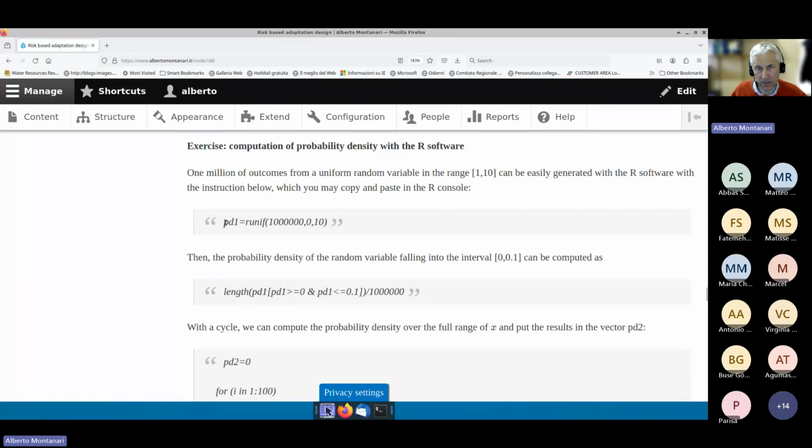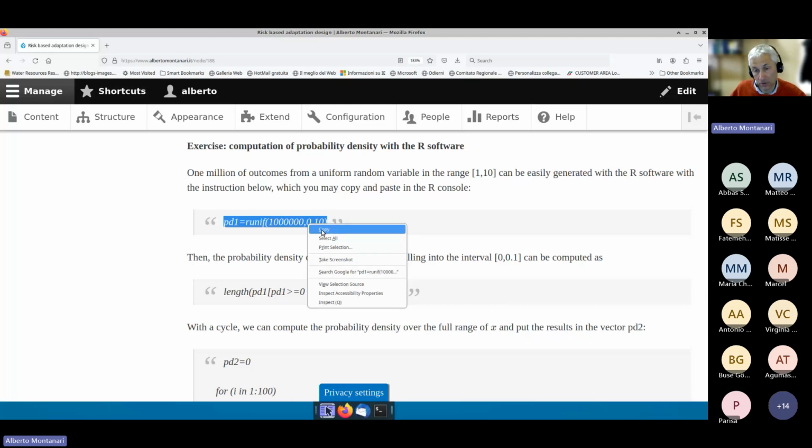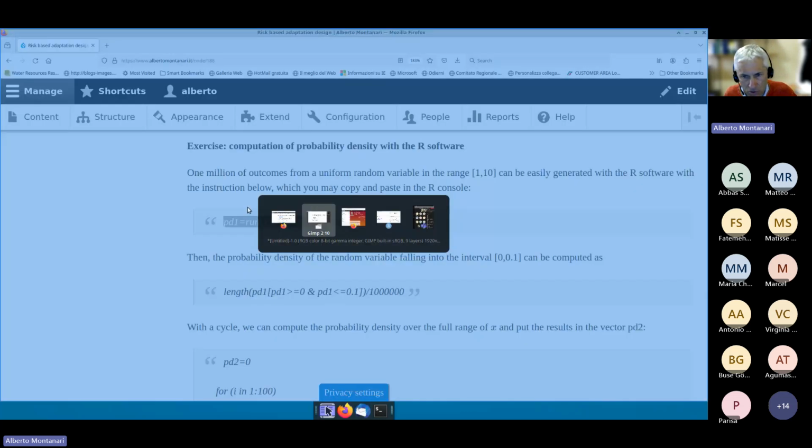So let me make a cut and paste. I already generated with the function runif my sample of 1 million numbers, but let's do it again, by using precisely what is written here. I'm copying from the website and pasting on the R console.